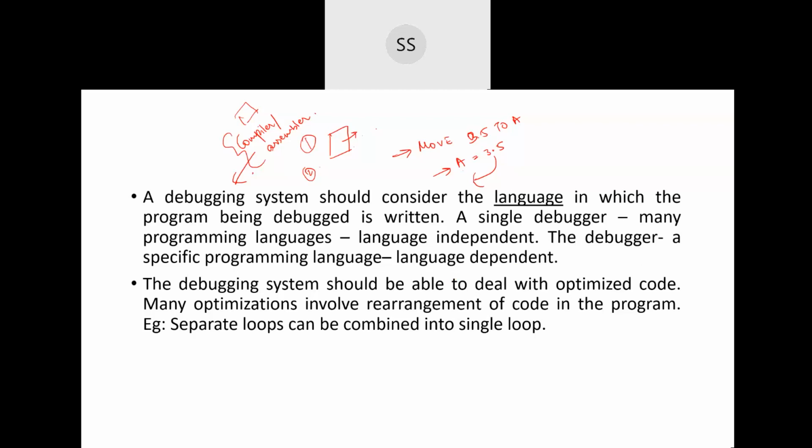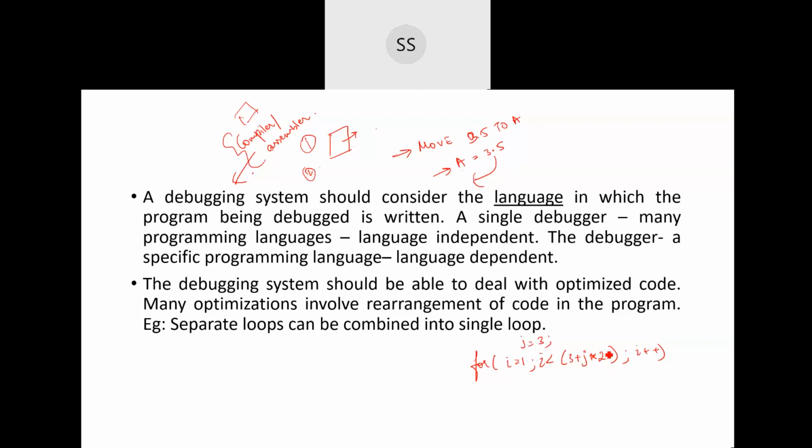You have already studied optimization in the compiler. What is happening in optimization? The main idea: some people have a habit of writing a for loop like for i = 1; i < 3 + j + j * 20; i++, where your j value is 3 and is not changing.